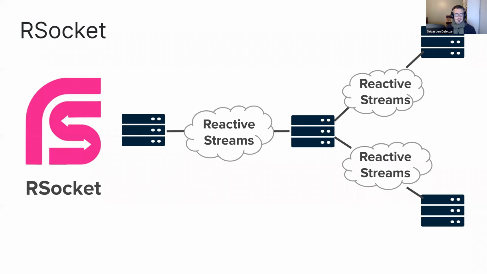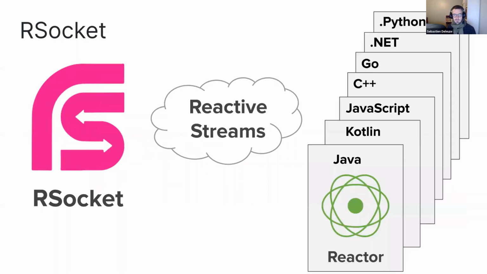So that's a pretty interesting model. It's used by Facebook and others, so that's battle tested in production. And we have great support of RSocket on Spring, and also we support various clients. So yeah, multiple technologies: Java, Kotlin, JavaScript, C++, Go, .NET, Python. You can really choose your clients.